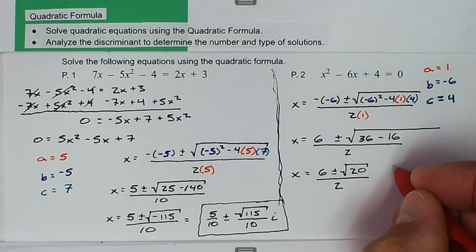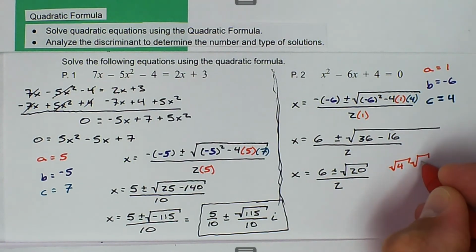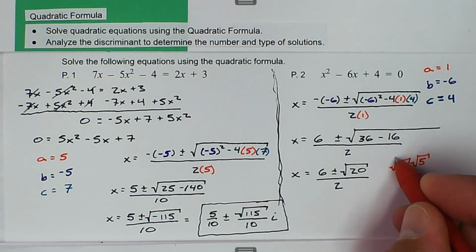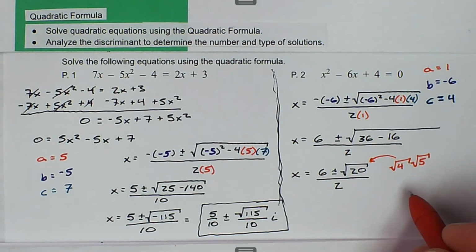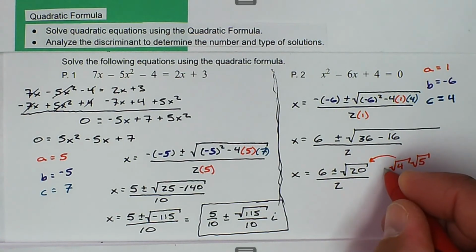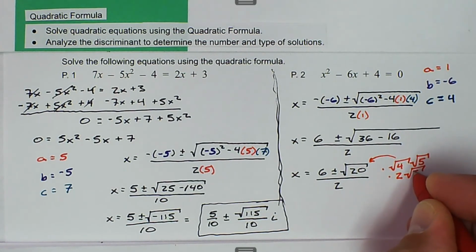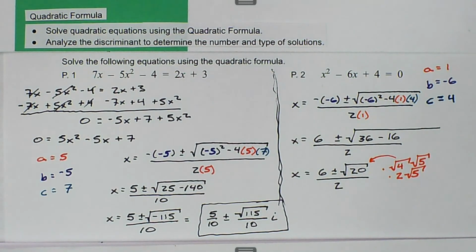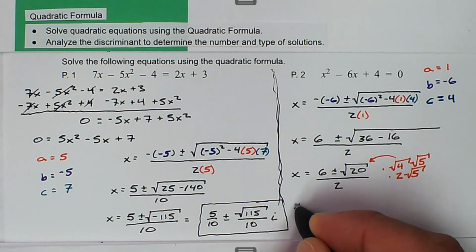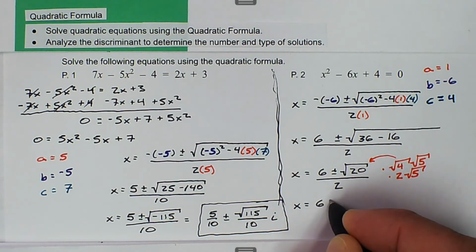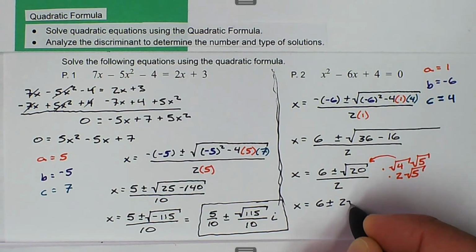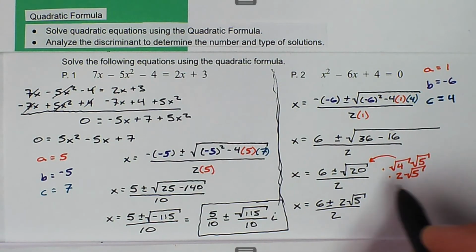Now we can reduce the square root of 20. We can write this as the square root of 4 times the square root of 5. And we know that the square root of 4 is 2. So 2 square root of 5. So we can say x equals 6 plus or minus 2 square root of 5, divided by 2.